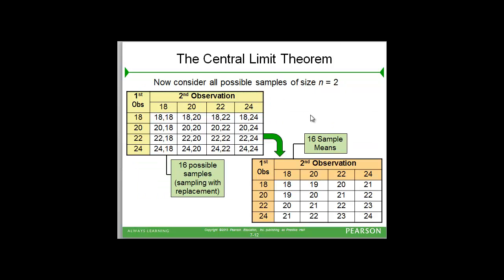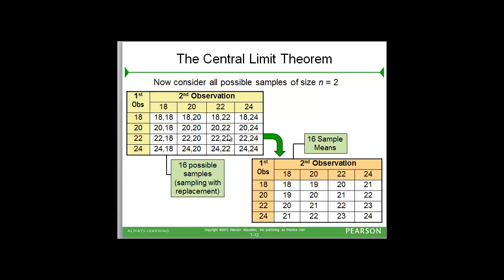Okay, now let's assume we're going to take samples out of that population. The sample size is 2, meaning we randomly take a sample of 2, right? So we take 18 and 18, meaning 2 numbers out of those 4, or 18 and 20, or 18 and 22, or 18 and 24, or 20 and 18, 20 and 20, 20 and 22.